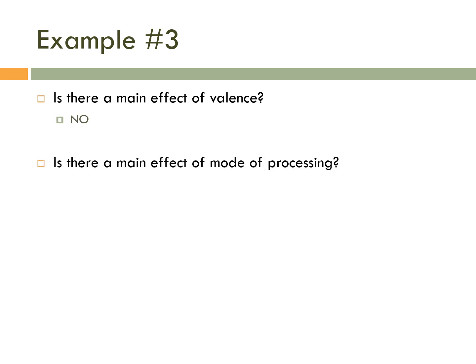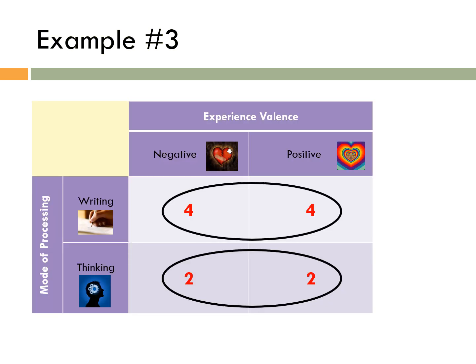But is there a main effect of mode of processing? Give it a second to think about it. Look at it. Okay, here we're going to look at the main effects. So ignoring the valence, so just the writing, we're going to average all of those people who did a writing activity and then average all of the people who did a thinking activity.